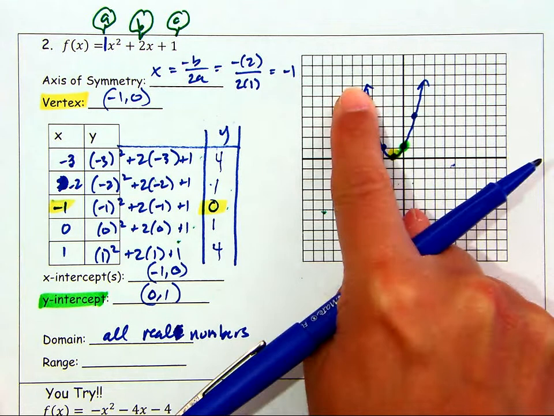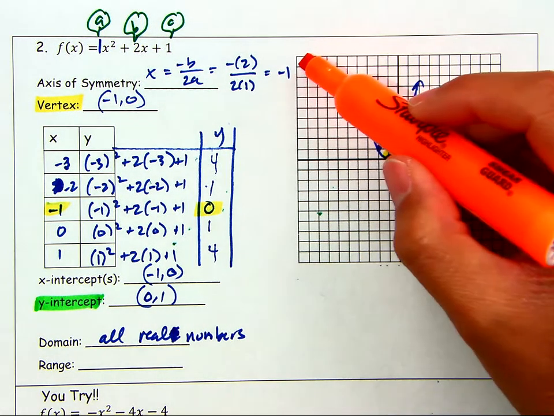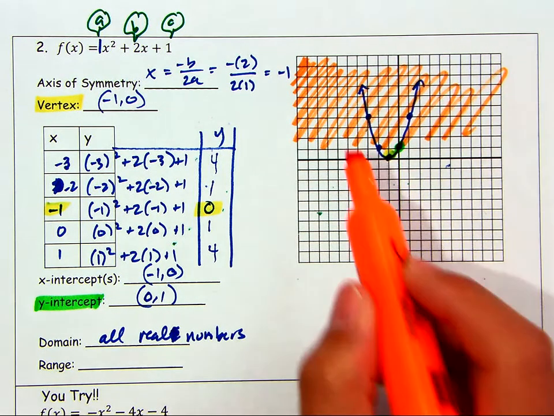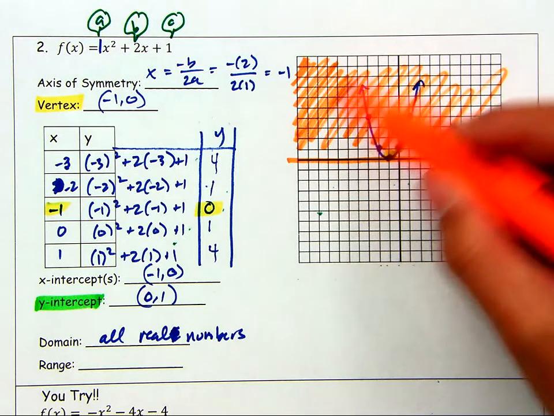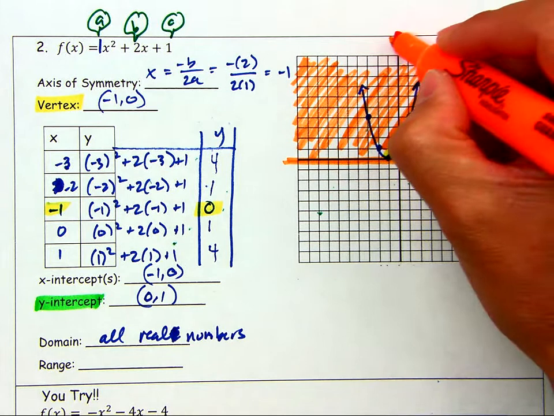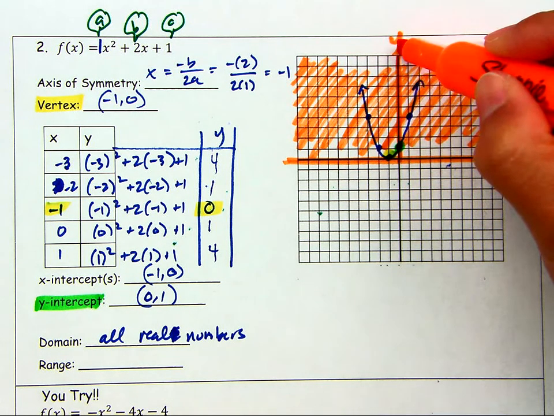So if I just highlight where my graph exists, my graph exists above this horizontal line. And if I look at the y-axis, the part of the y-axis that's being highlighted is every value that's 0 and bigger.